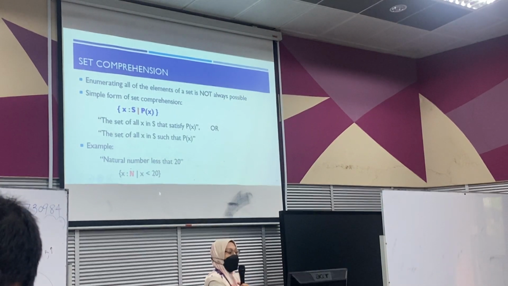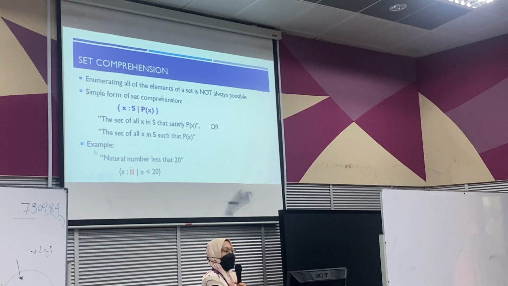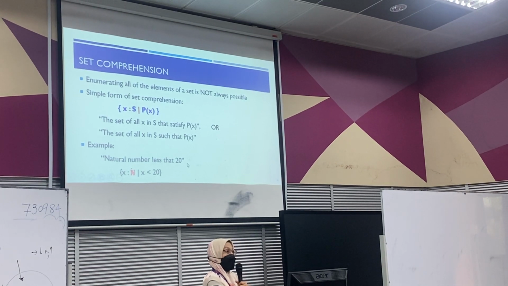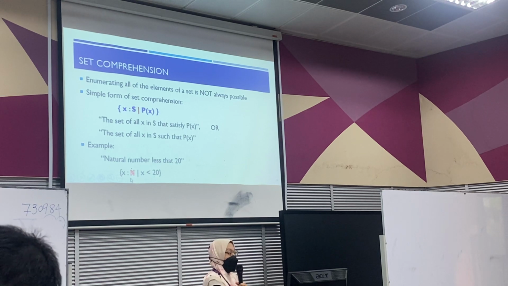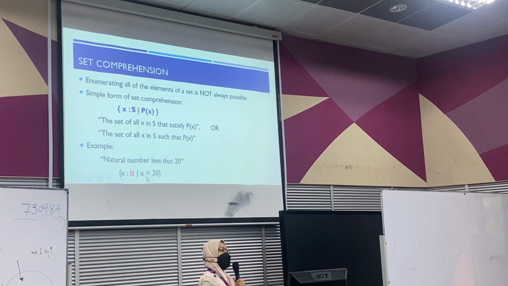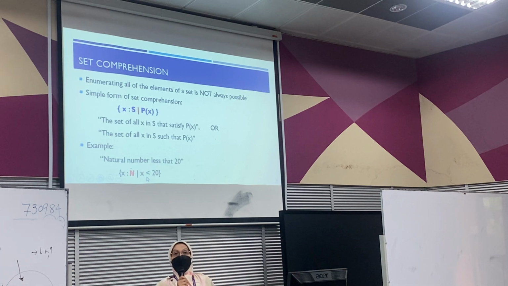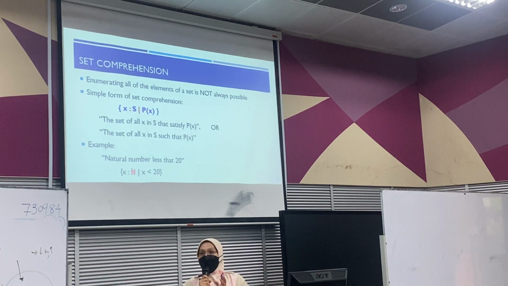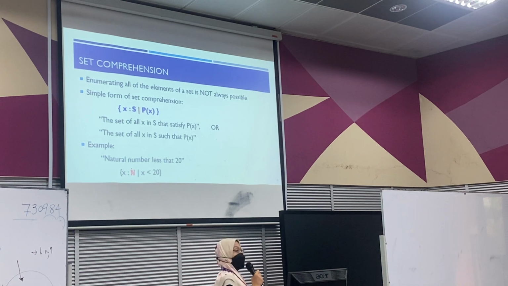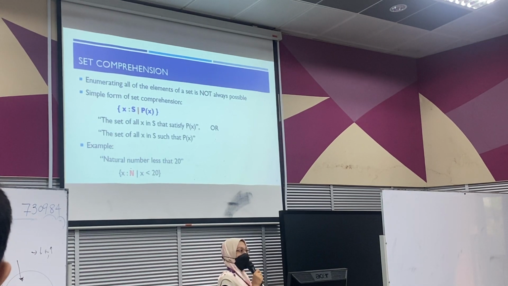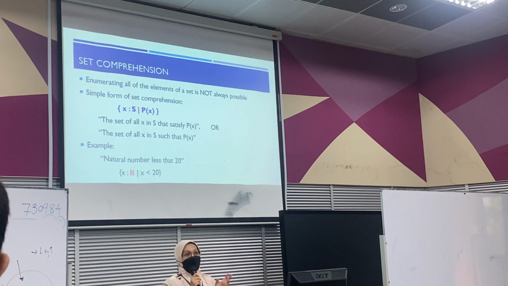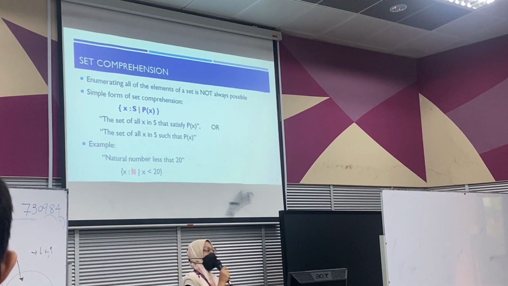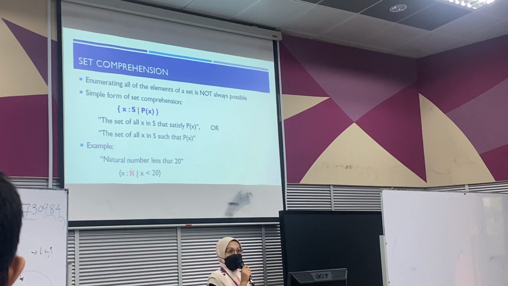So x is of type N where x less than 20, meaning that x now will be 0, 1, 2, 3 until 19 only. So the answer will be x equals curly braces 0, 1, 2 and so on until 19. That's how you write the answer.